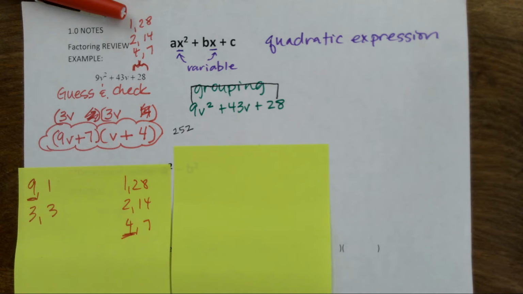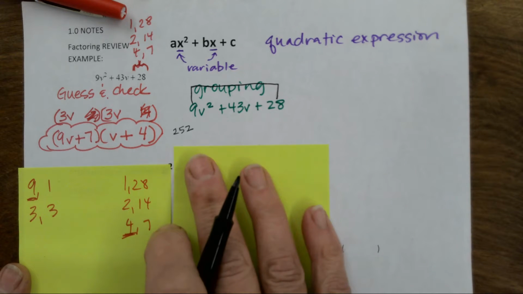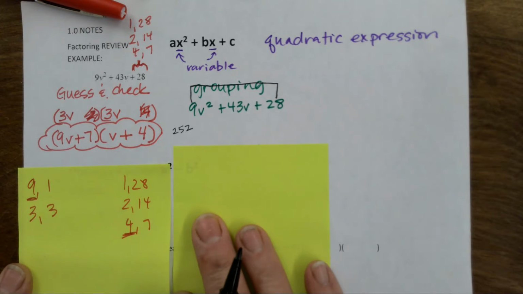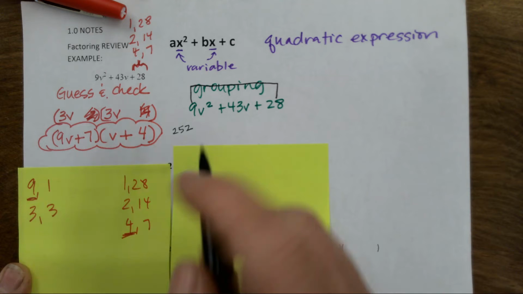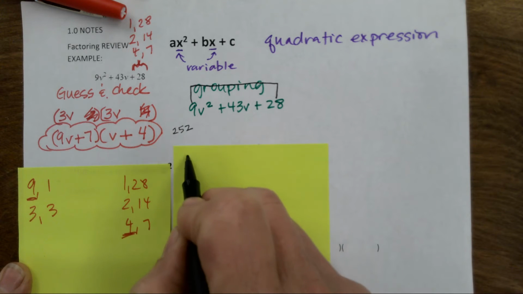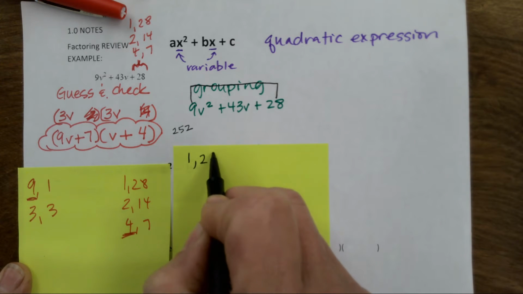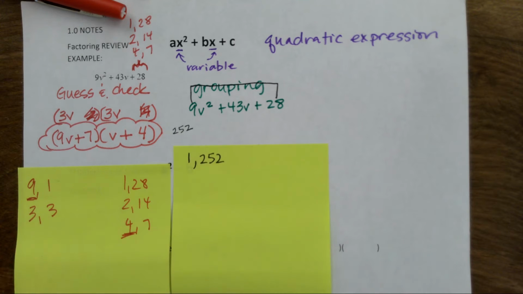If you maybe jump around a little bit in your mind, things get a little more tricky. So I highly recommend that you just either take your calculator or your brain and just start listing factors in order. I always start with the smallest factor pairs. So the smallest number is 1. 1 goes into everything, and I look at 1 and 252.